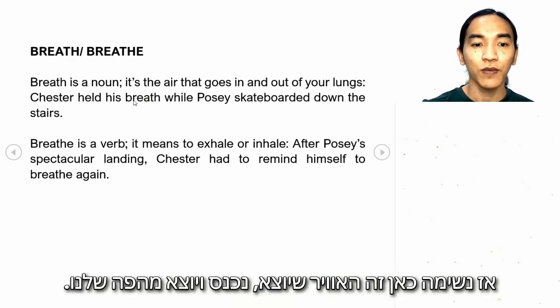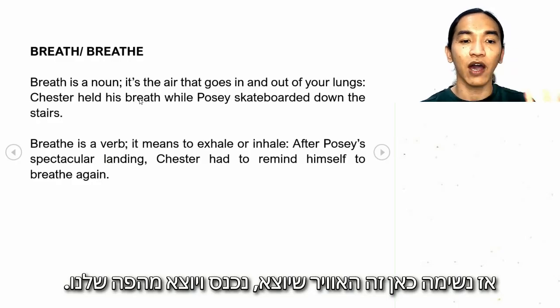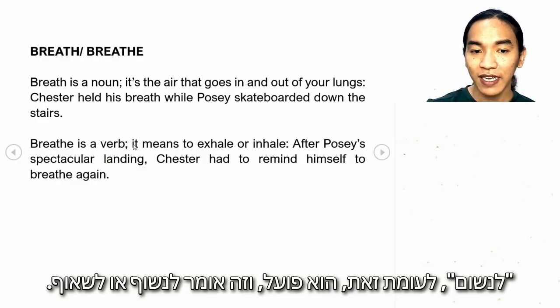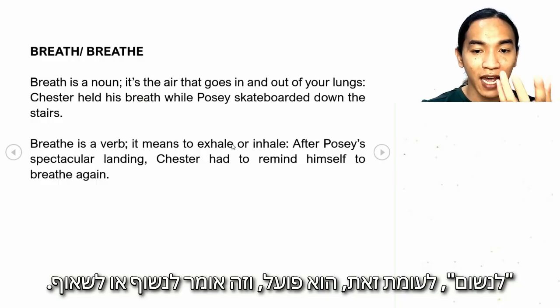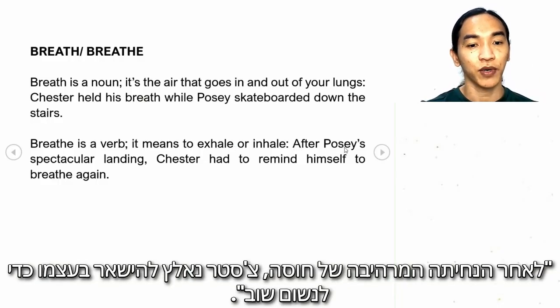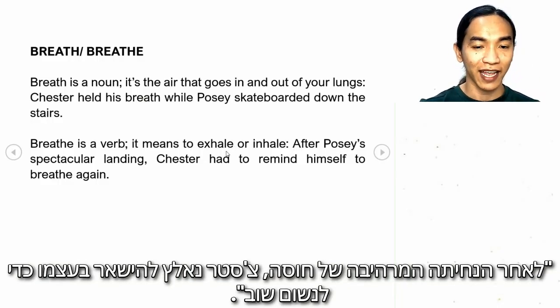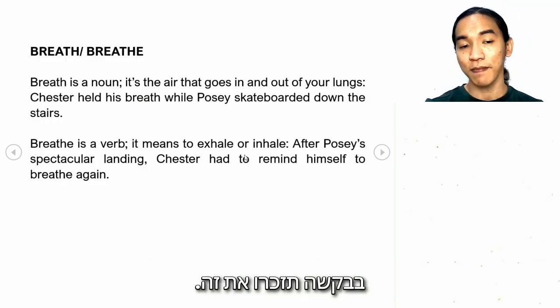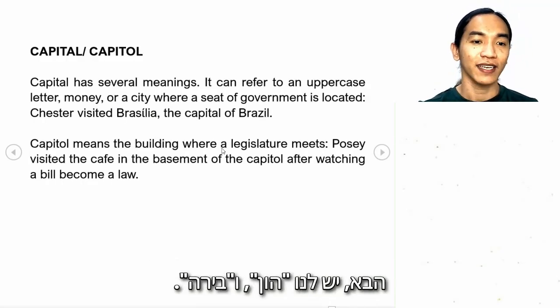Okay, so breath here is the air that comes in and out of our mouth. Breathe, on the other hand, is a verb and it means to exhale or inhale. After Posey's spectacular landing, Chester had to remind himself to breathe again. Okay, please remember that.